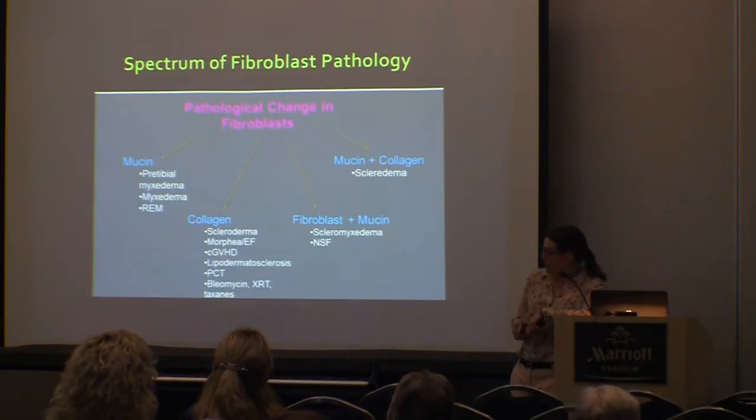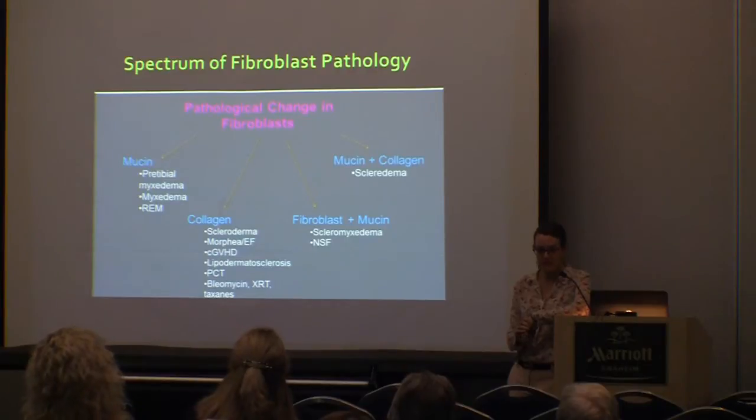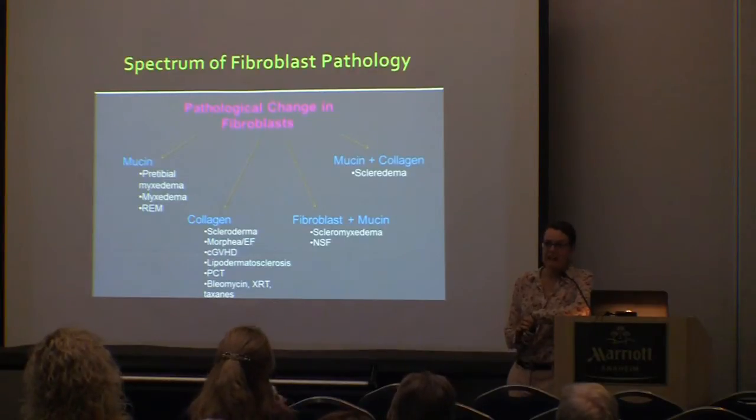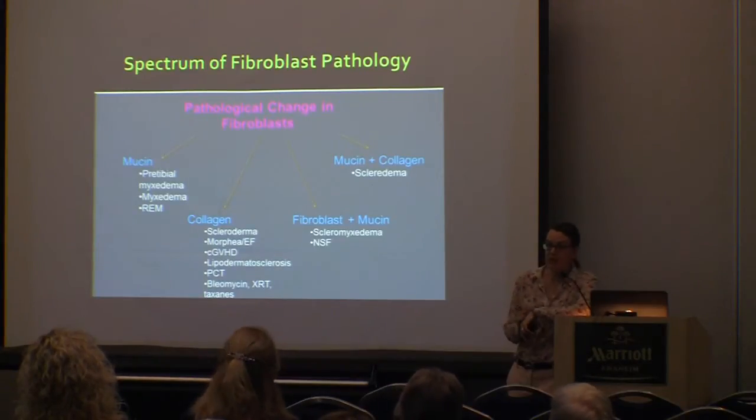And the other one I would point out to you is that there are some exposures to drugs that give you Morphea-form skin lesions. An important one to know about is the taxane chemotherapy drugs. They are commonly used in the treatment of breast cancer and also in some cases prostate cancer. In these cases, patients can get thickening and hardening of the skin of their arms and legs related to that chemotherapy agent.